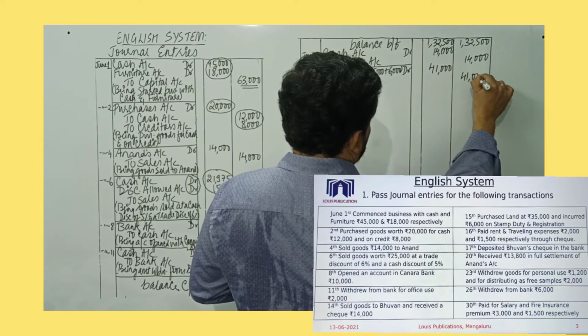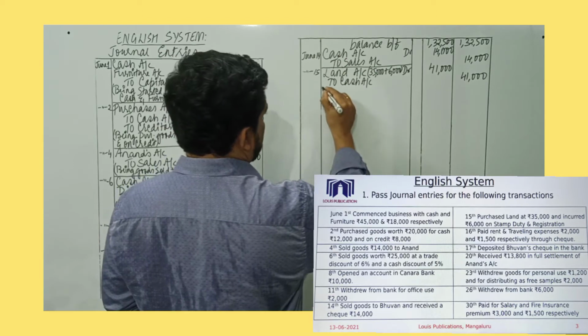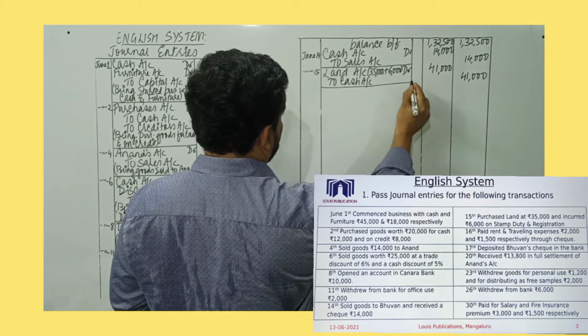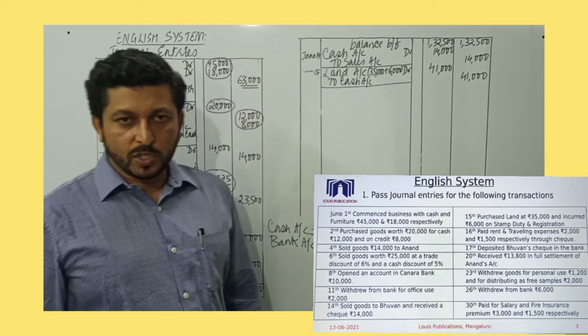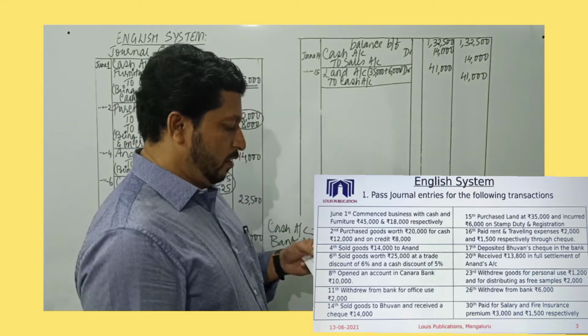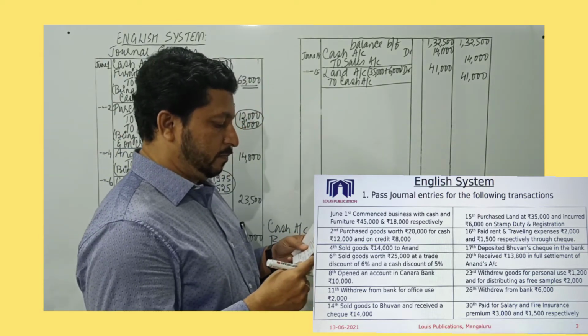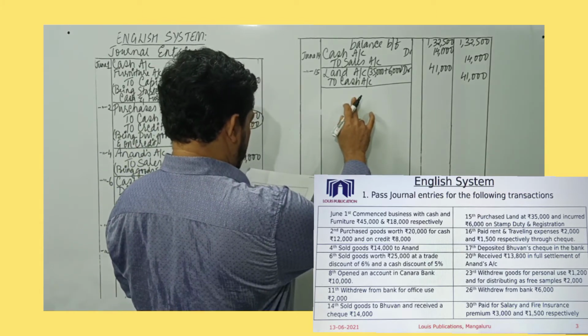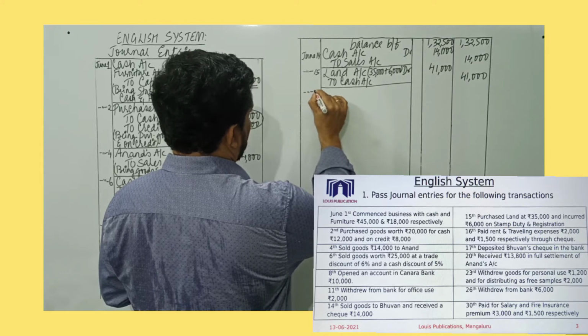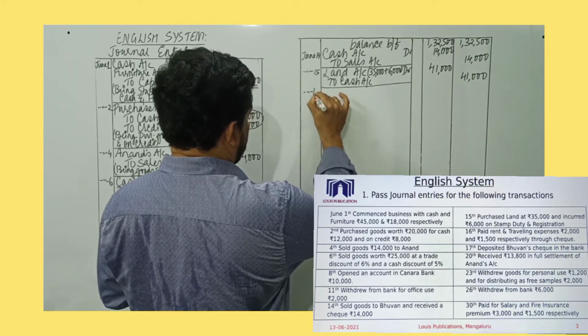You can record the narration being land purchased and stamp duty and registration charges paid. Let's move to the next transaction, that is 16th.